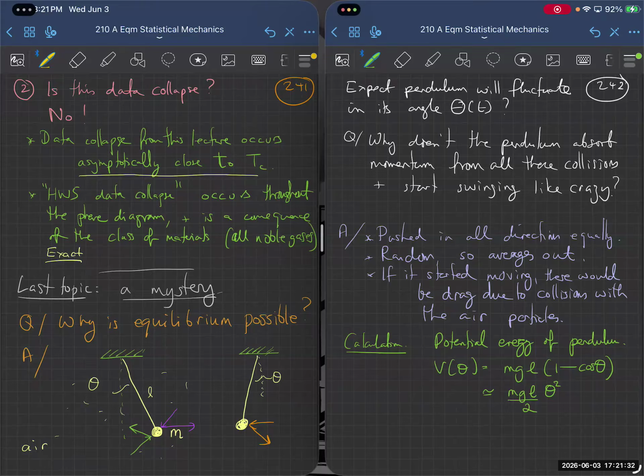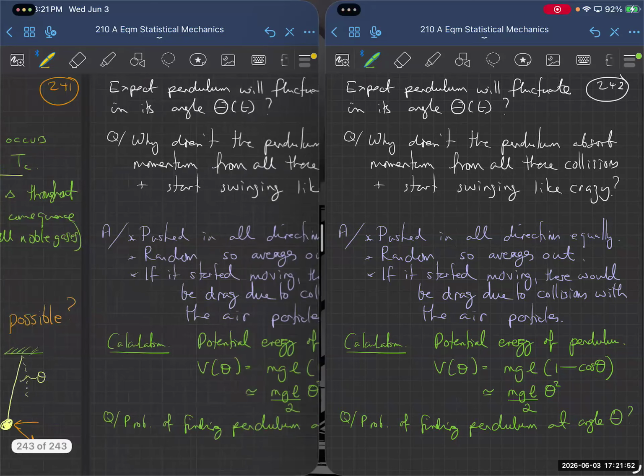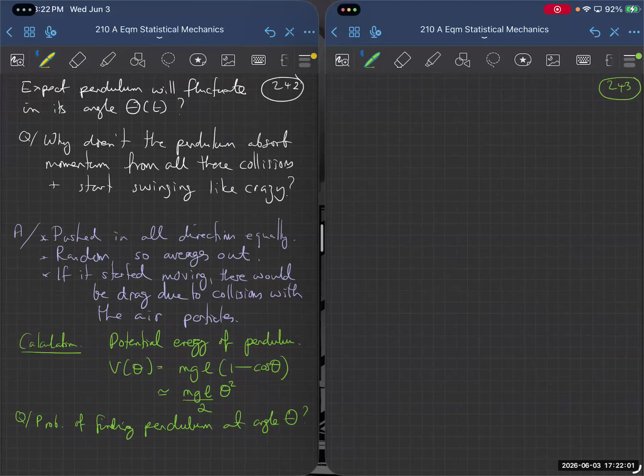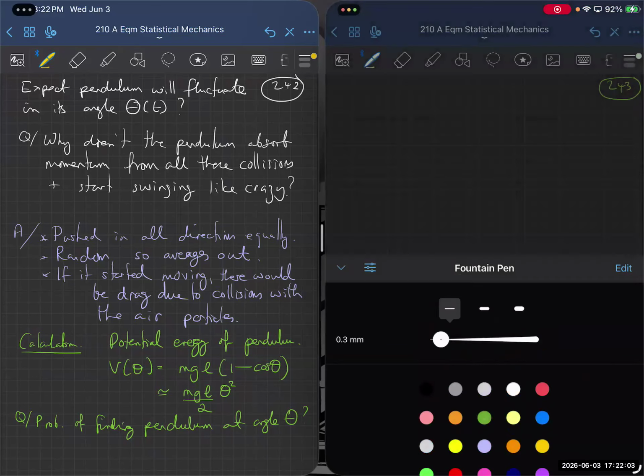And so then the question is, what is the probability of finding the pendulum at the angle theta? Well, we know what the potential energy is. We know that kinetic energy doesn't matter since we're doing classical stat mech.